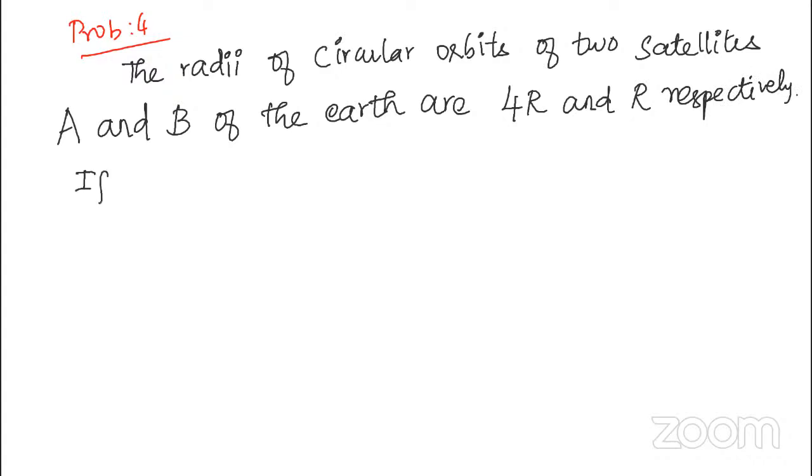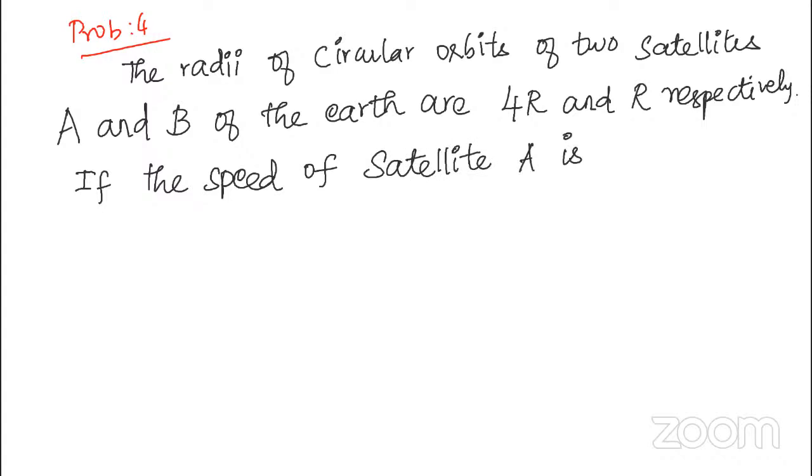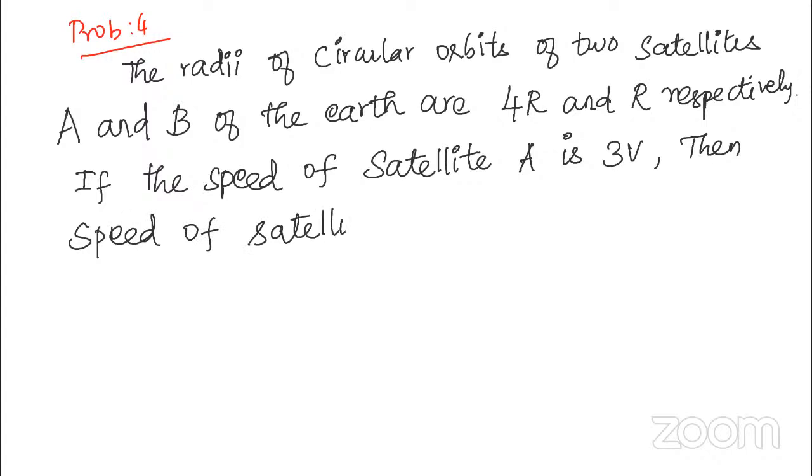If the speed of satellite A is 3V, then the speed of satellite B will be what? So this is the question.